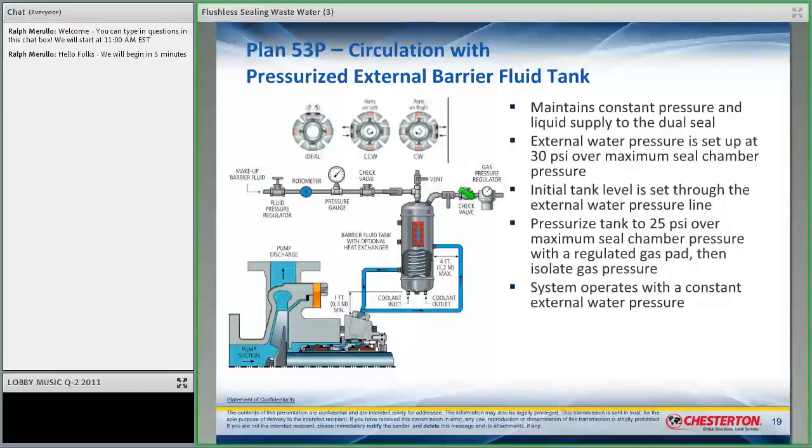So this is called a dual seal, and in this case, what you have is an inboard primary seal and an outboard primary seal. And you have a reservoir, a tank, and this tank is filled with water, and this water is circulated by the dual seal, and this tank is pressurized by a line pressure. You could also pressurize it with compressed air or nitrogen, something like that.